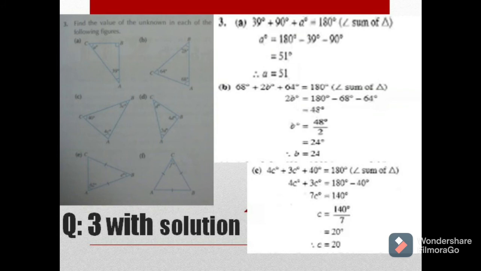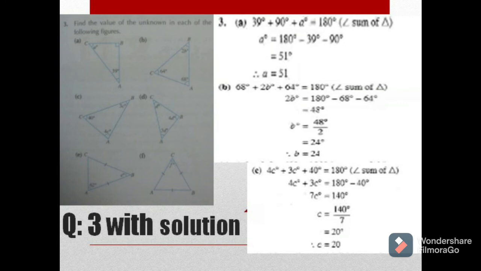Now moving towards part C, we have two angles with values containing letters. One angle's value is 4C degrees and the other is 3C degrees, and the third one is 40 degrees.